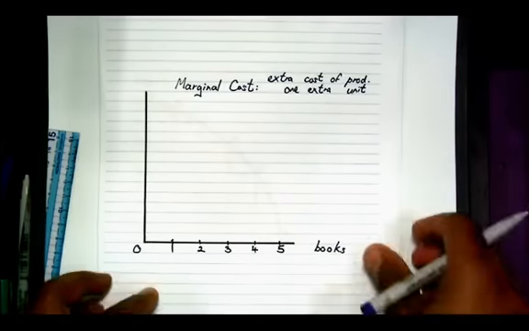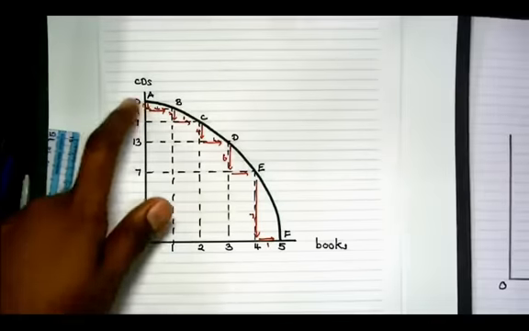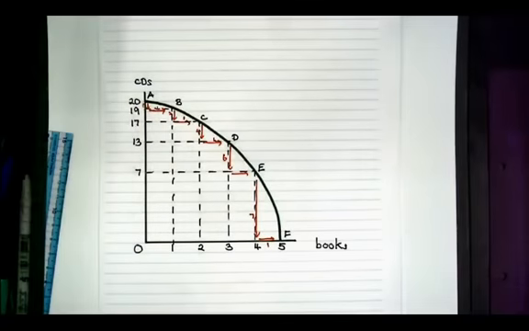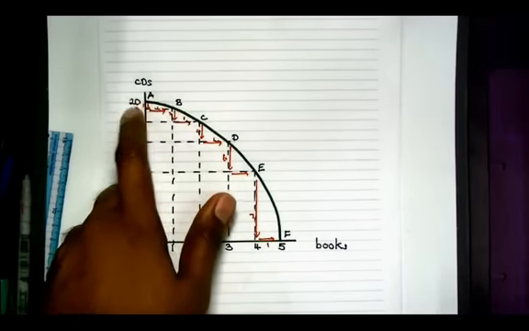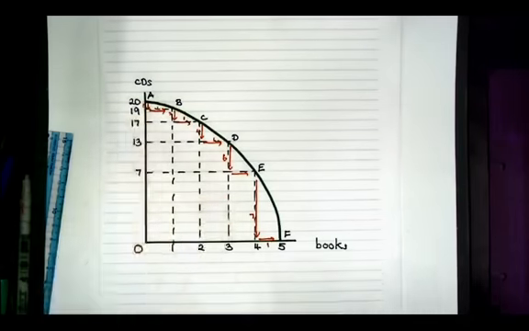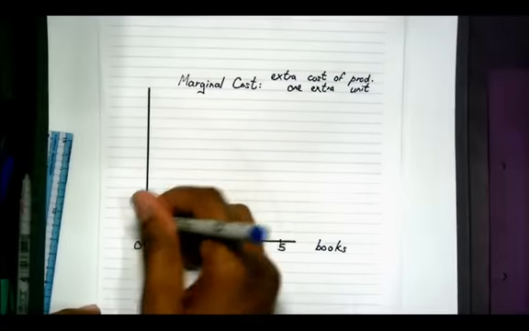According to our model, what is the extra cost of producing the first book, which is from A to B? 1 CD, yeah? The extra cost of the first book is 1 CD.